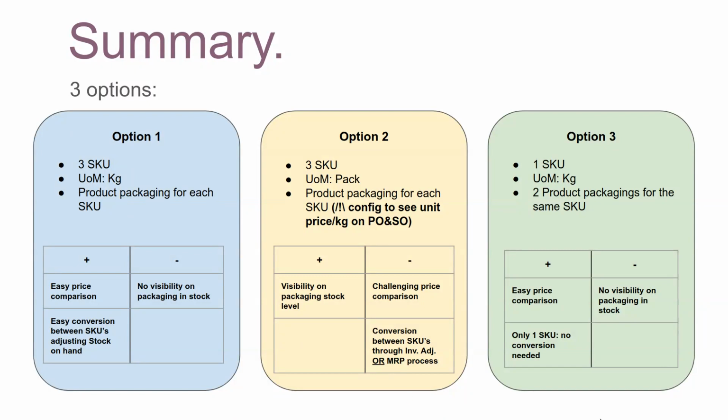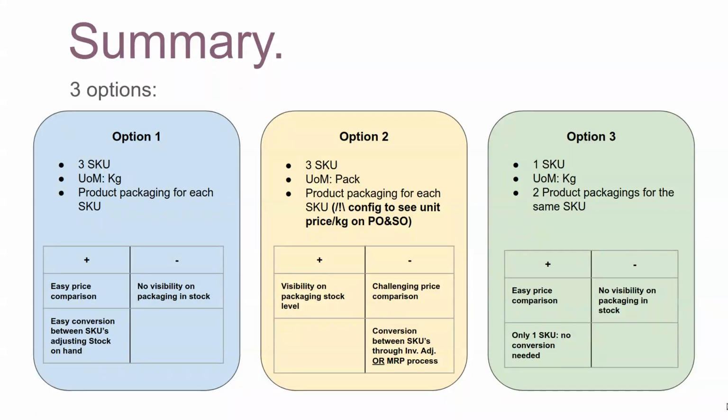Finally, the third option would be to create only one SKU with kilogram as unit of measure, but to create two different product packagings for the same product. We would then also have easy price comparison. We would not need to convert from one to the other because we only have one SKU.